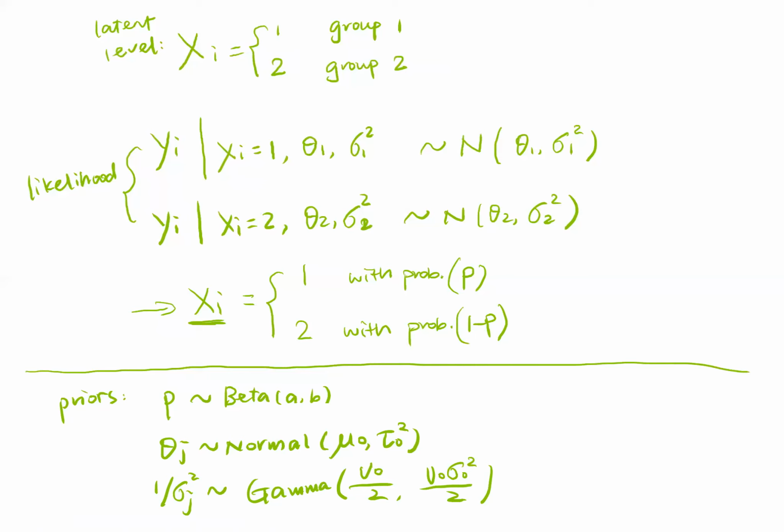I know it's a probability, but I don't think it's a fixed number. So I'm putting a prior on this, thinking that I will want to use the prior and the data to make inference about this particular probability, telling me on average with what probability each observation should go into the first component.